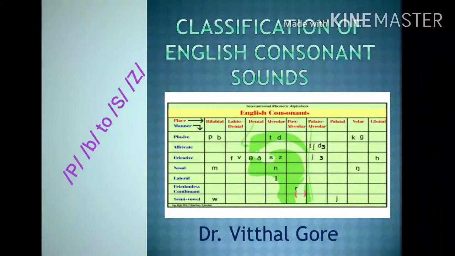In this session you will learn the classification of English consonant sounds. Friends, in the previous class I discussed in general the consonant sounds in English, and I also put an effort to make it clear how the consonants are really studied as far as three-term labels are concerned.